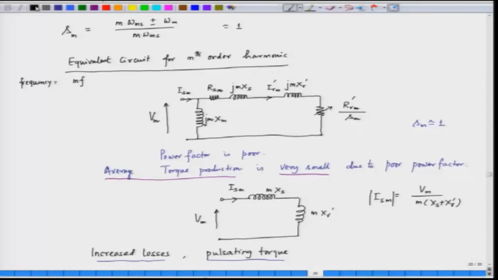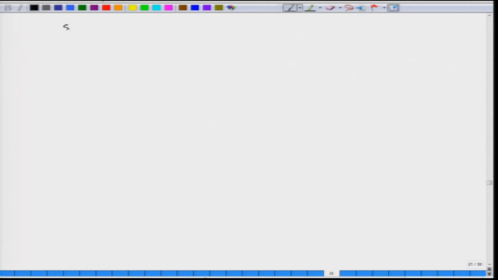So, we see the total current of the stator in the presence of harmonics is I RMS. So, I RMS of the stator current square is equal to the fundamental component I S1, let us say, plus various harmonics, where m is equal to 3, 5, 9, 11 and so on, I m square.